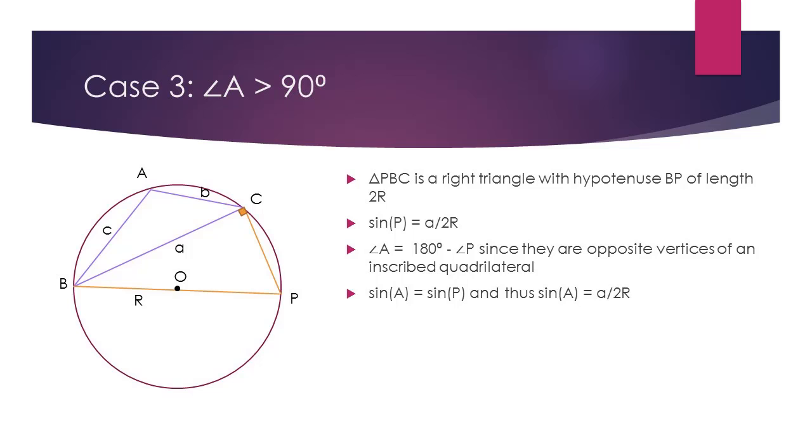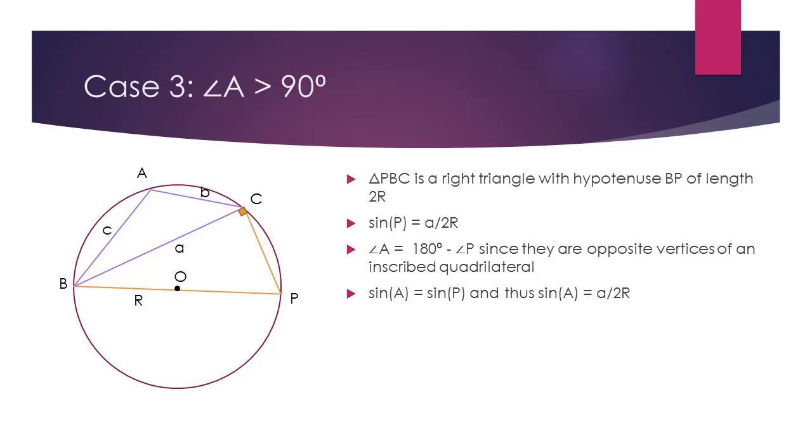We also made BP still the diameter of the circle. So, since BP is the diameter, therefore triangle BPC is a right triangle with BP as the hypotenuse. So it's the same as before. We have sine of P equals a over 2R. Therefore, a over sine of P equals 2R.